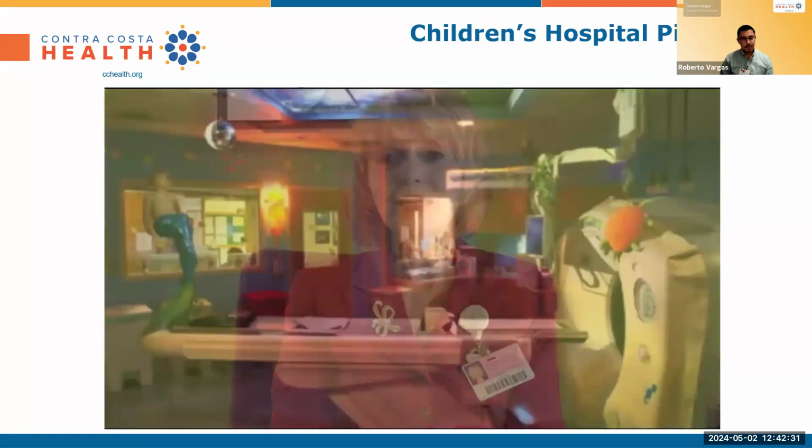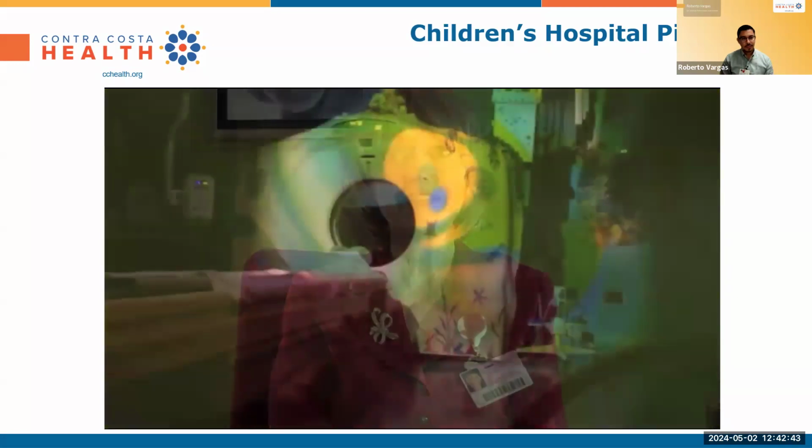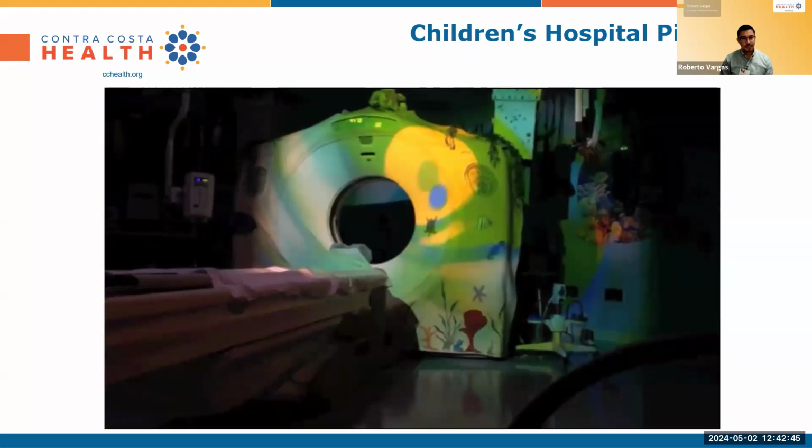So in the hospital in Oakland, we started in a CT scan, and we were able to take simple things like murals on the wall, disco balls, and projecting images on the ceiling, and change the atmosphere from being so medical in CT to almost being an underwater sea adventure with mermaids and fish. And it worked. We found out we were able to reduce sedations in that CT scan by about 30%.